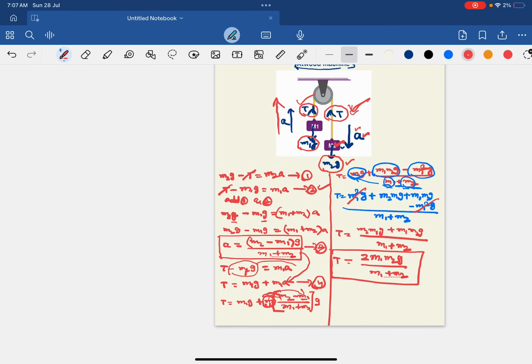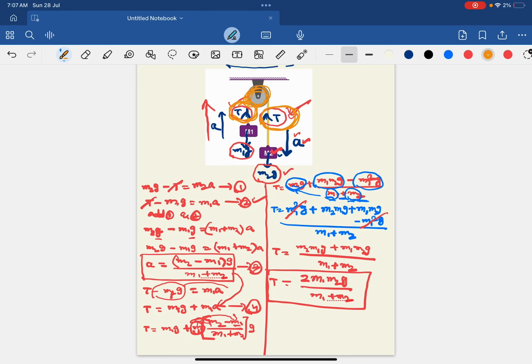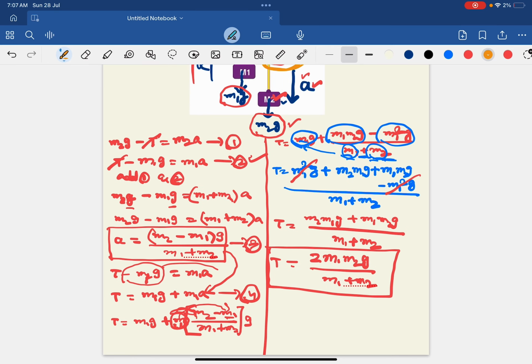Not only the tension, we can calculate the thrust also, because one tension is acting here and the other tension is here. These two tensions are acting towards the center of the pulley. So the thrust, also represented as T, is equal to 2 times the tension.